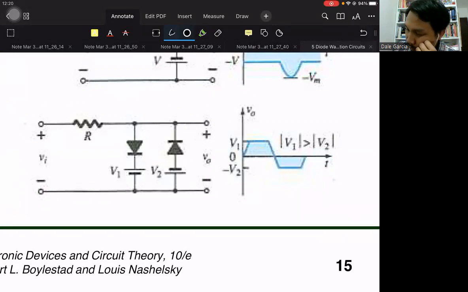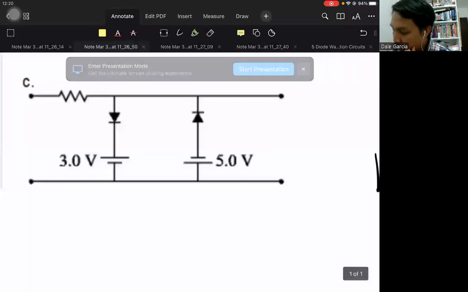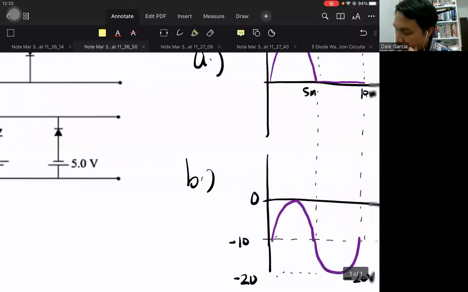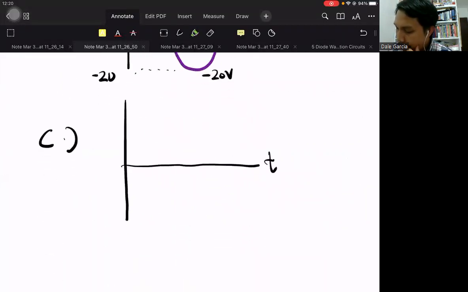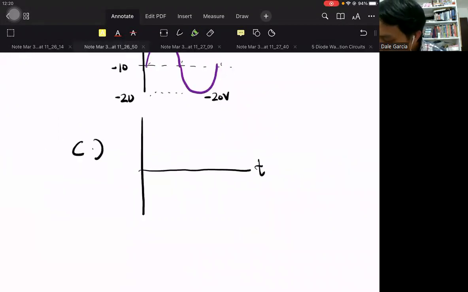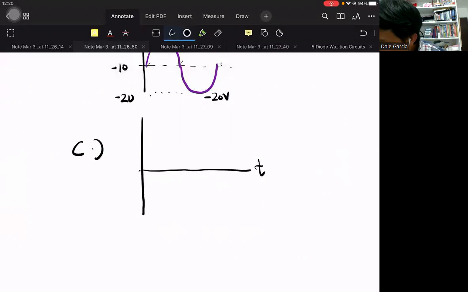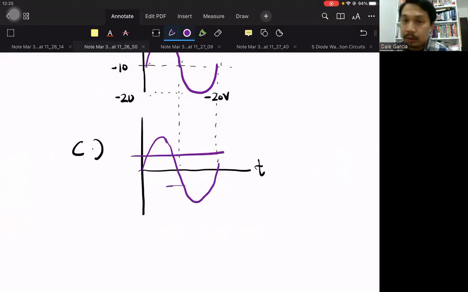Next, so 3 volts or 5 volts. If we look at the original signal, it is clipped at those values.